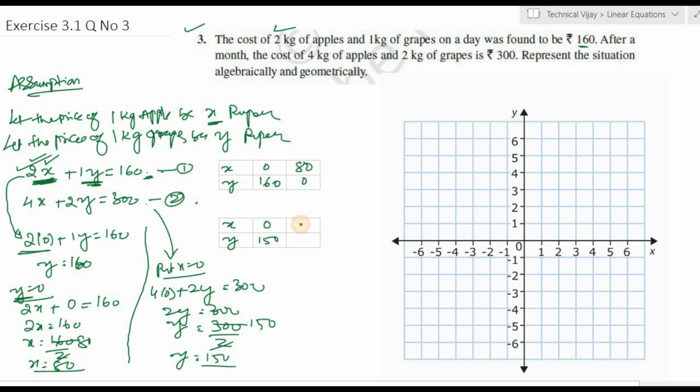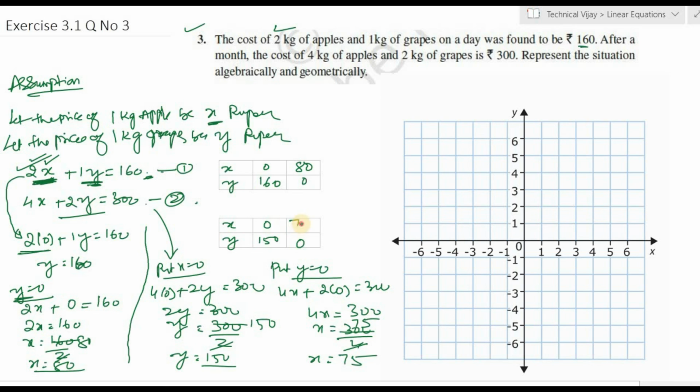Now we will put y equal to 0 here. So in this equation, 4x plus 2 into 0 is equal to 300. So 4x is equal to 300, x is equal to 300 divided by 4. 4 7s are 28, 4 5s are 20, so x is equal to 75.